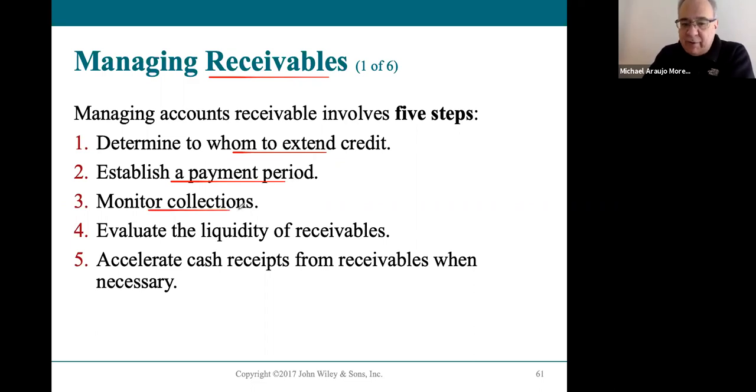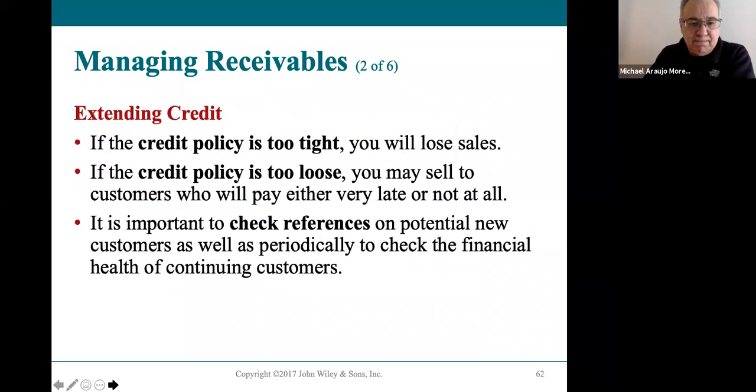Of course, you have to monitor your collections because you want to make sure the cash is being received. And that means you want to make sure your receivables are able to be liquidated into cash because you need that cash. And you might do everything you can to accelerate that cash when you can, maybe offer terms that encourage prompt payment. Okay.